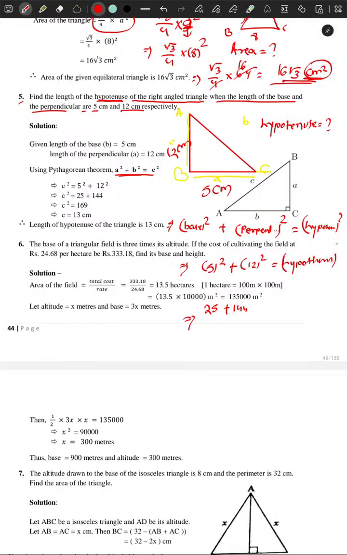Hypotenuse square equals 169, so hypotenuse equals 13. Hypotenuse is 13 cm.